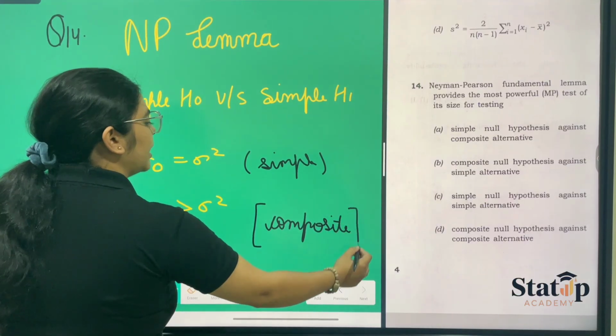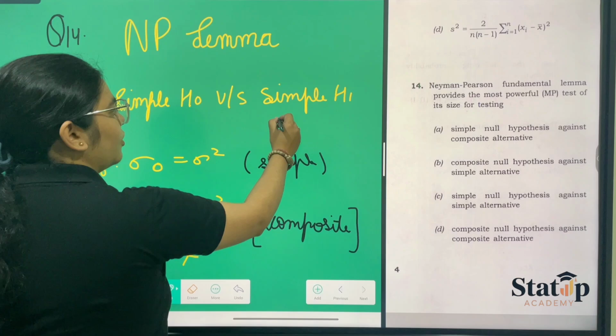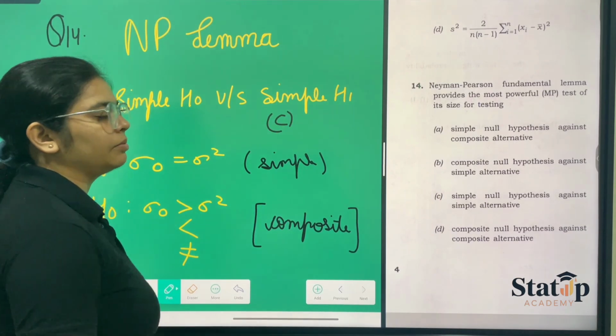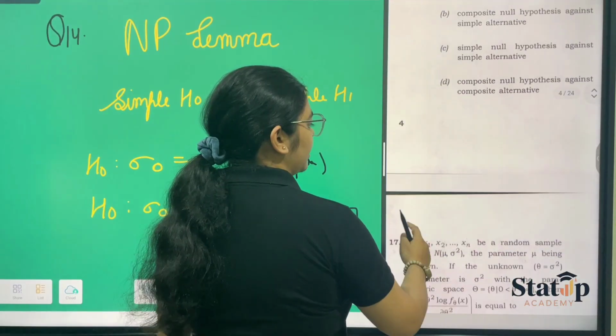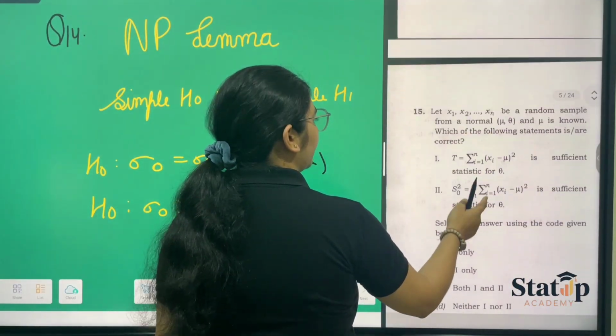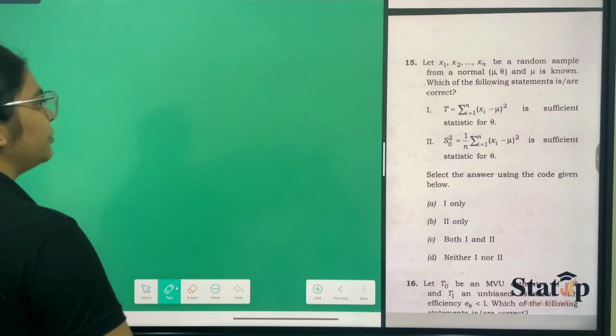So the basis of NP lemma is simple H naught versus simple H1, which is our option number C for this statement. This was also a theorem. They directly asked you the theorem. Now moving towards another question, which is our question number 15.